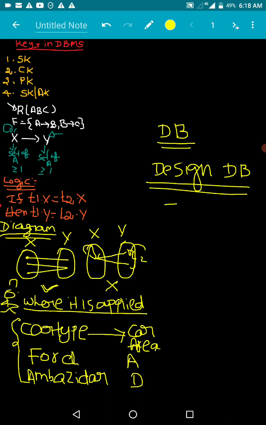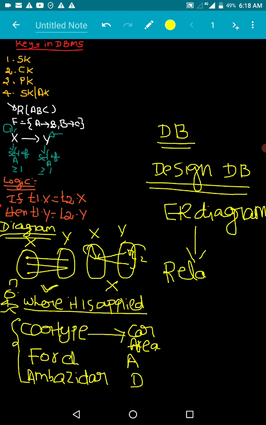The first phase is the ER diagram, which focuses on entity sets, relationship sets, and attribute sets. Later, this ER diagram is converted into the relational model. This relational model focuses on relations, that is the tables, primary key, foreign key, etc. Then finally, we apply normalization.